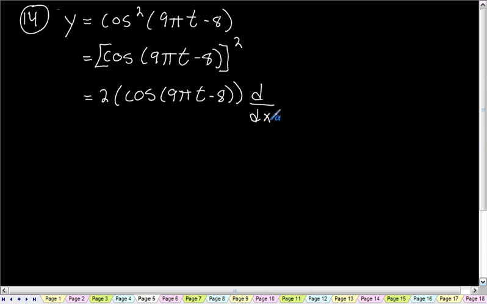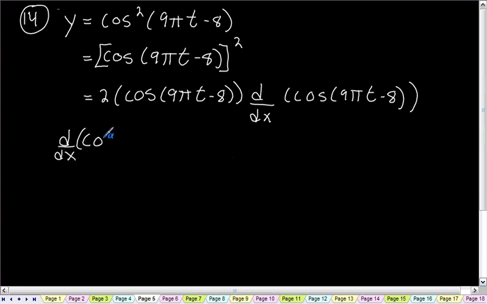The inside being that: cosine of 9 pi t minus 8. Notice one away from here, so that just stays a 1, which keeps that. Now we have to find the derivative of this. What is that derivative? The derivative of cosine of 9 pi t minus 8 means the derivative of the outside.